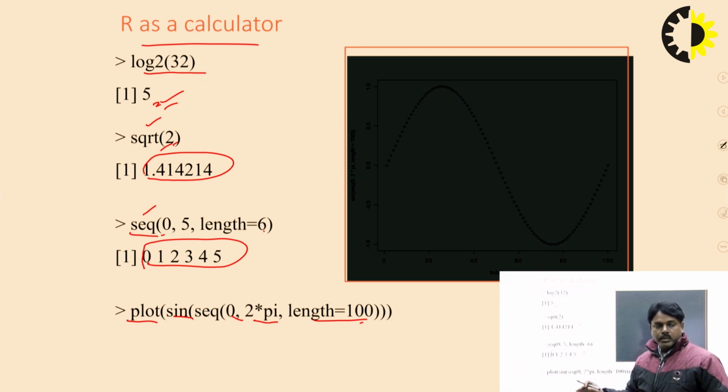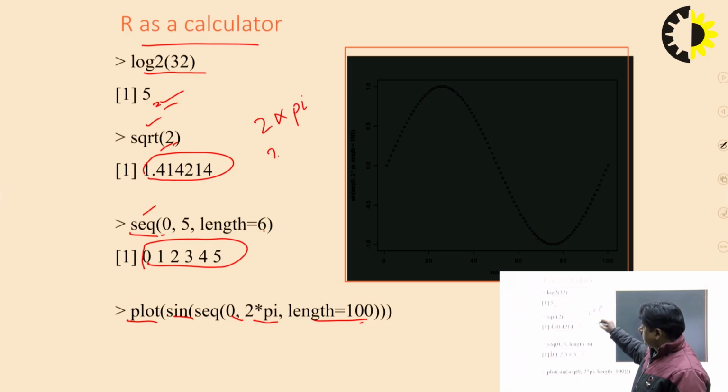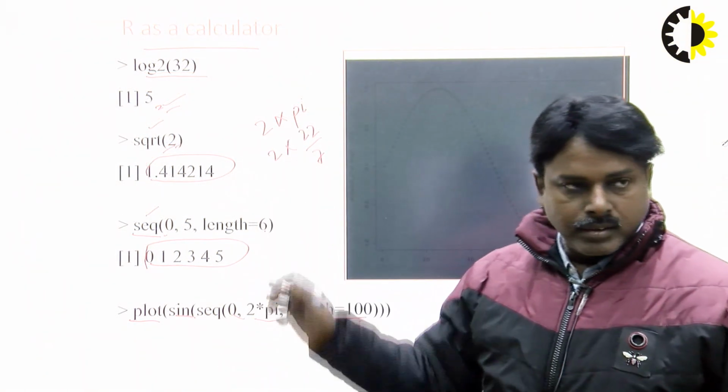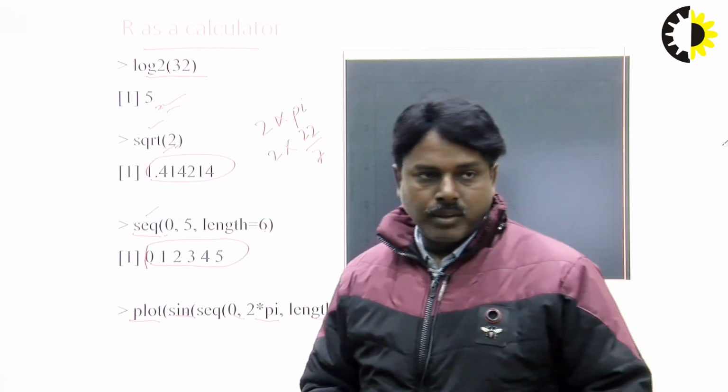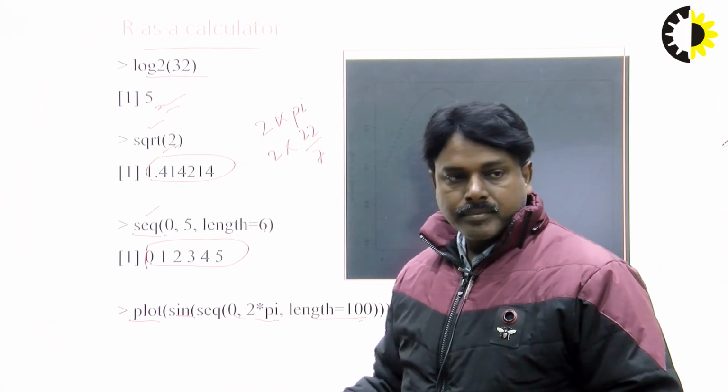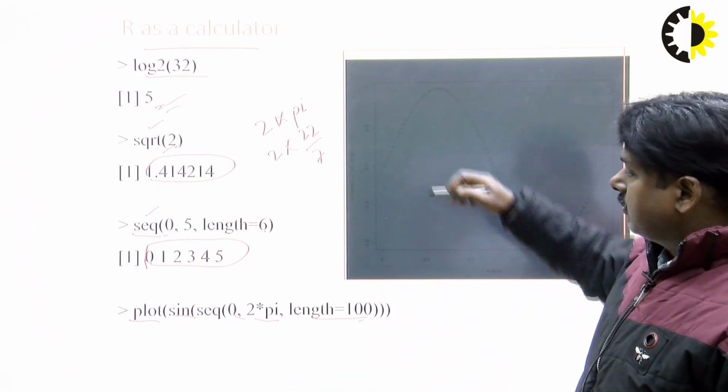The sequence of numbers generated starts from 0 to 2 into pi, or 2 into 22 by 7 you can say. Whatever value we get will be the highest value we reach with the help of the sequence method.